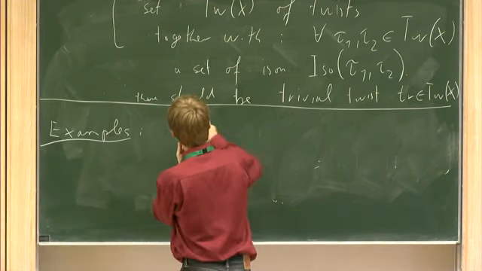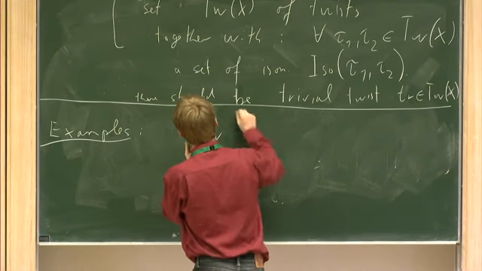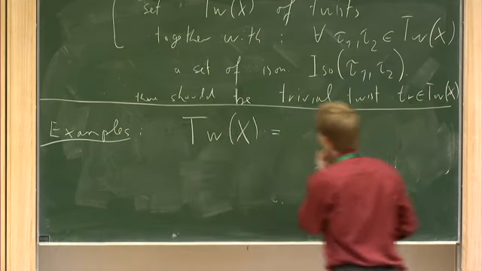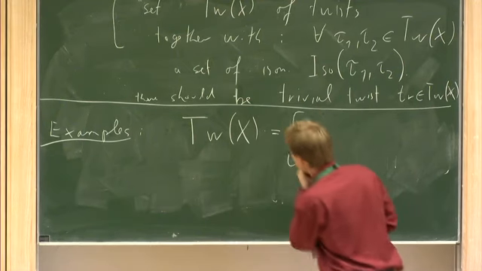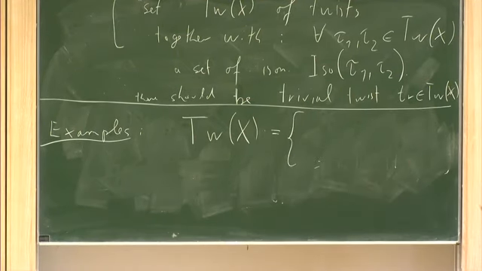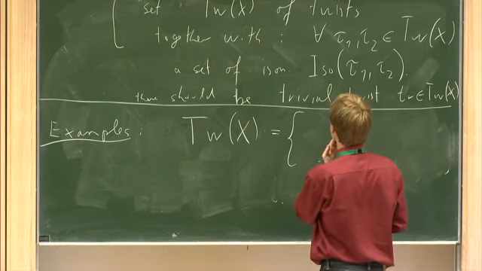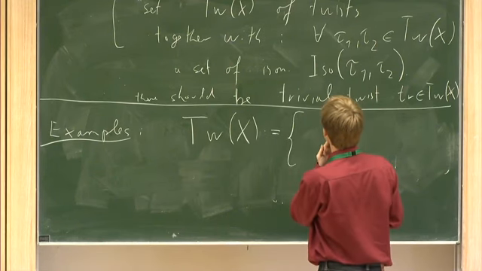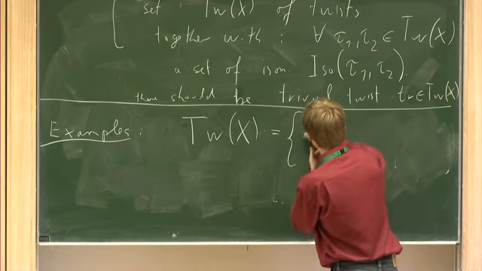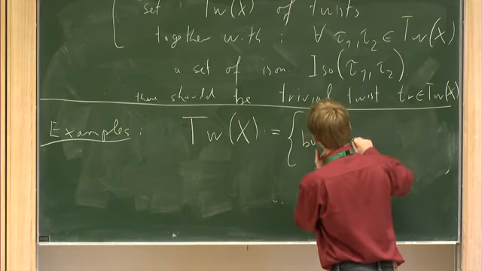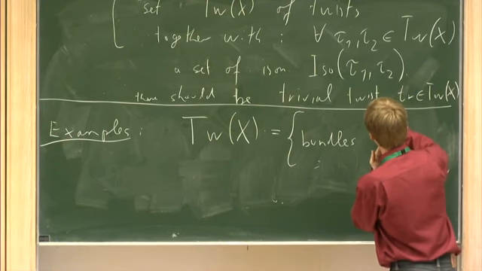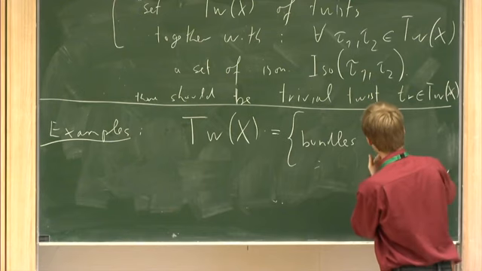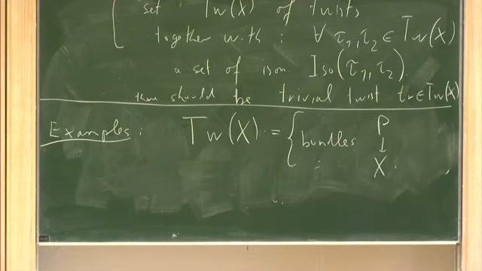The first one is that twists on X should be the same as, I'm giving you now the objects of this thing, I set almost a set of bundles P to X, the following.